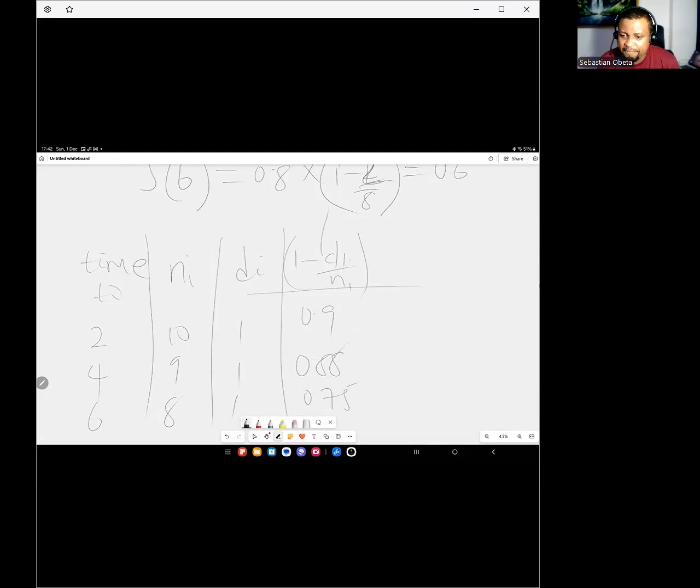If we add it there, then the cumulative survival will give us 0.9, 0.8, and 0.6.